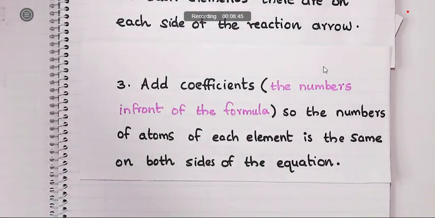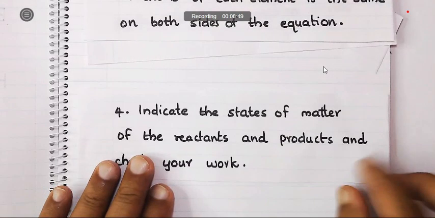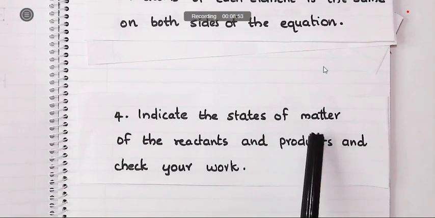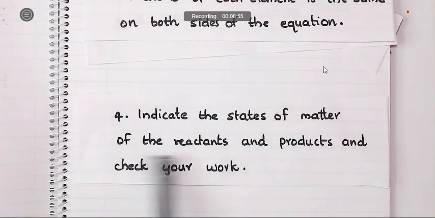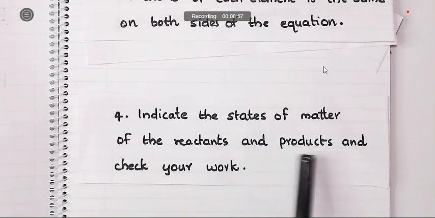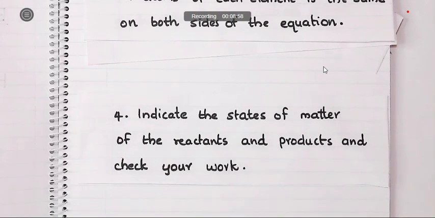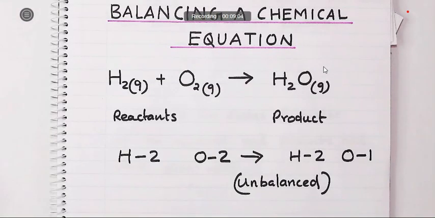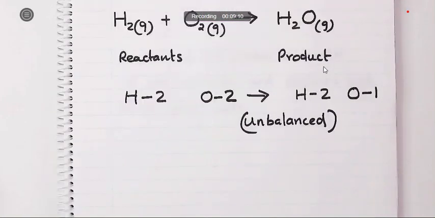Then the fourth and last step is to indicate the states of matter of the reactants and product and check your work. There are 3 states of matter for a grade 10 to 12 student: solid, liquid and gas.